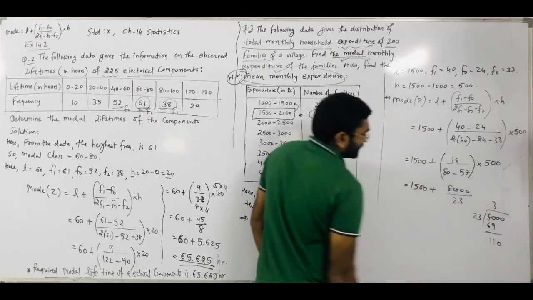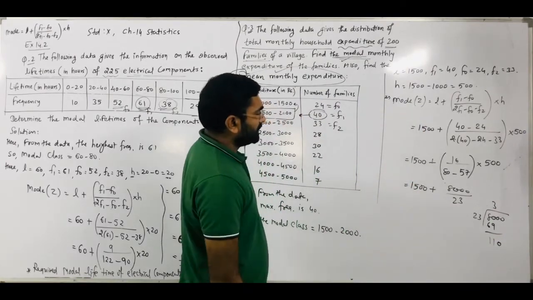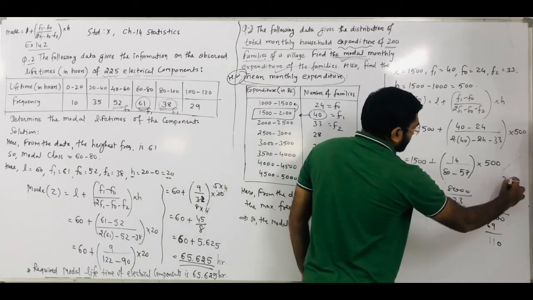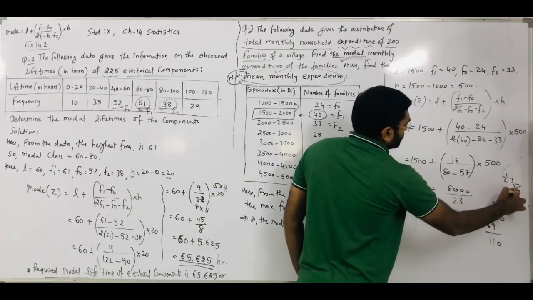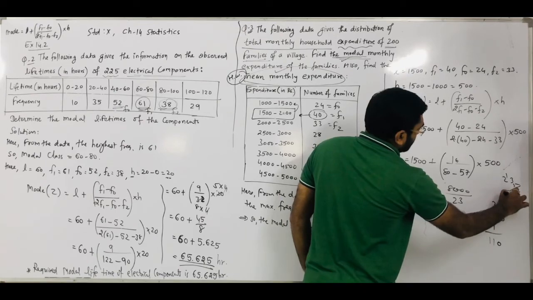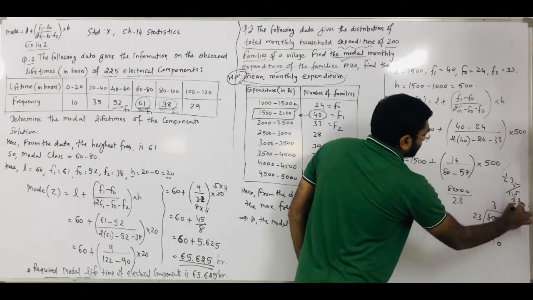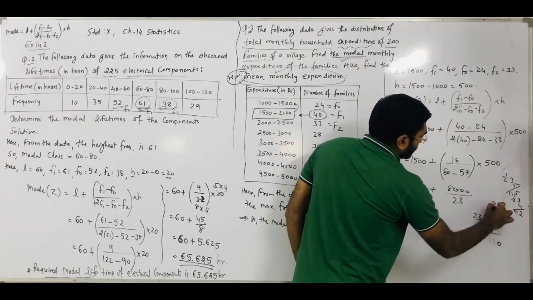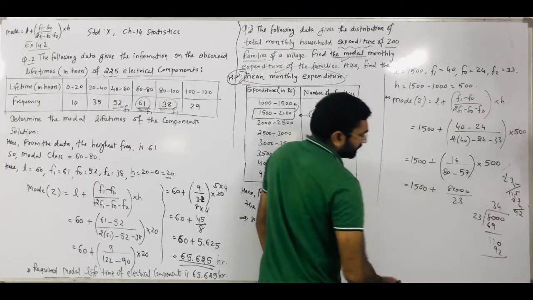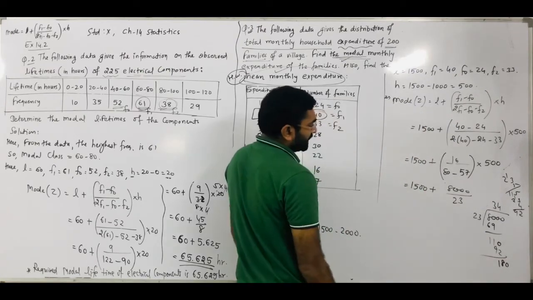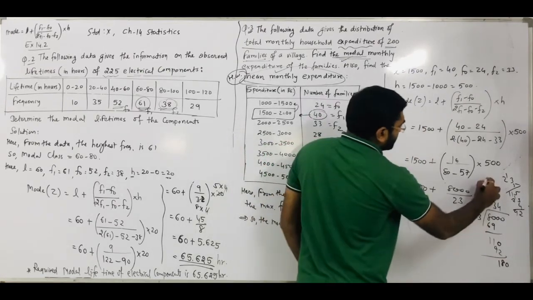And one 0 is there. 23 4s are 92, 23 5s are 115. So it is greater. Then 23 4s are 92, and we put it here. So we get 18 and another 0, 180. So 23 9s, we have to check it out.